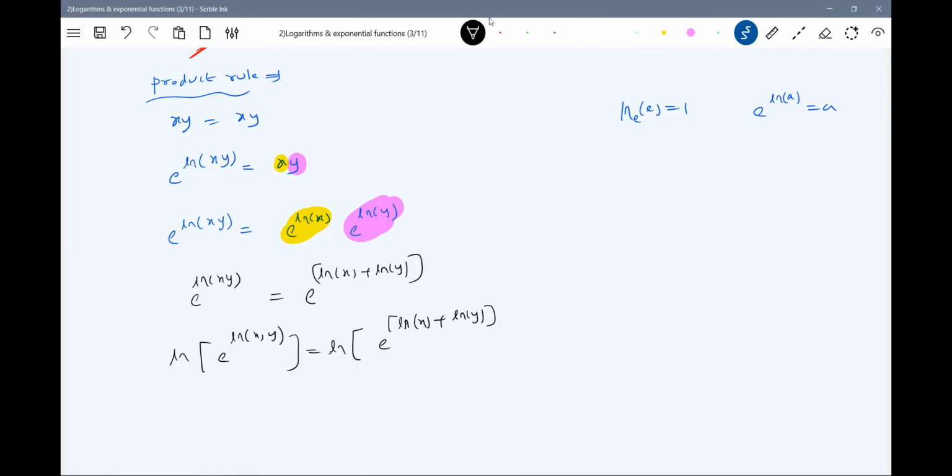So here this will be log of xy into log e, because of the power. Log xy should be equal to log e, and this will become log x plus log y.